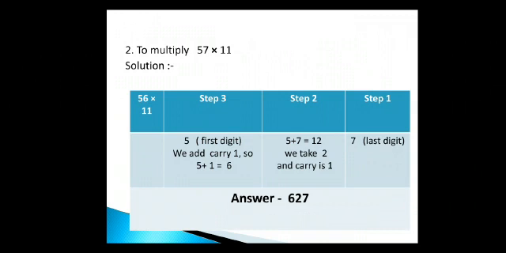Next step, step 3, that is the first digit 5, but in the second step the carry was 1, so we will add 1 in step 3. So 5 plus 1, that is 6. So the answer is 627.